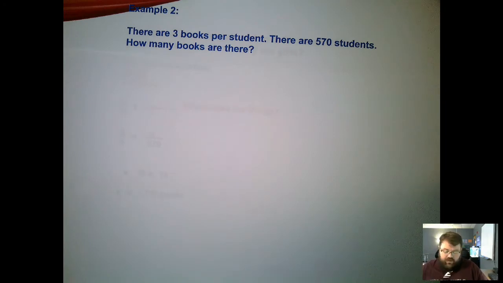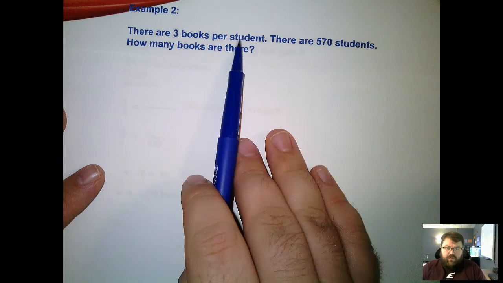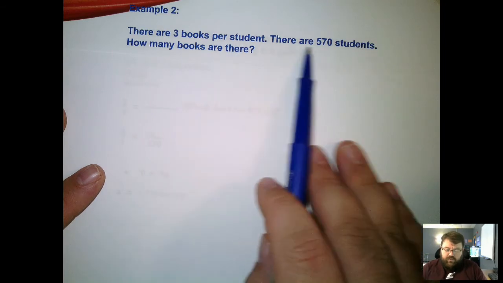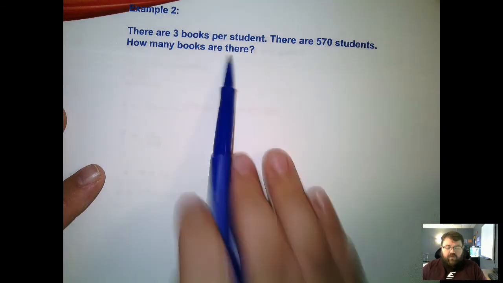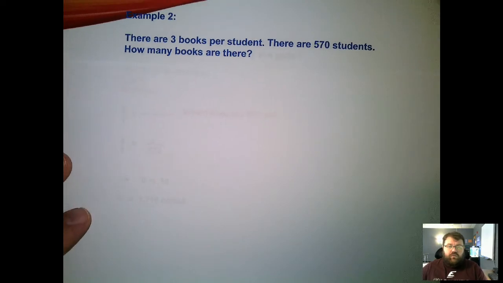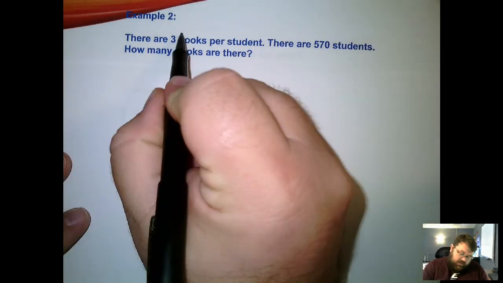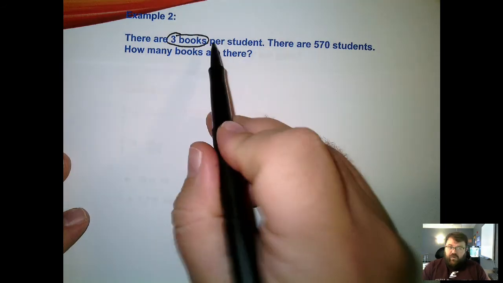The next question says, there are 3 books per student. There are 570 students. How many books are there? First, CUBES. CUBES says to circle all numbers. 3 books per student.